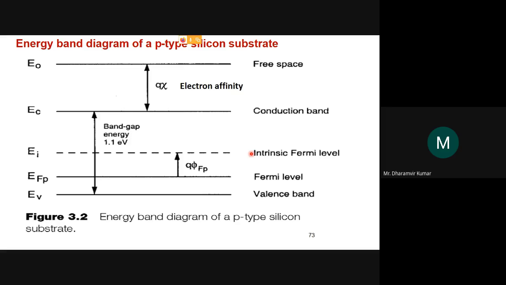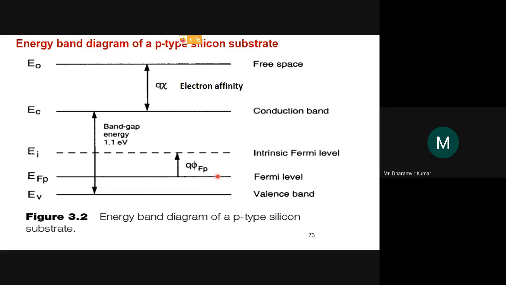Now when we convert this intrinsic silicon material into a p-type silicon material, we know that we are adding the acceptor impurity. Because of the addition of those acceptor impurity atoms, one extra layer is formed just above the valence band.